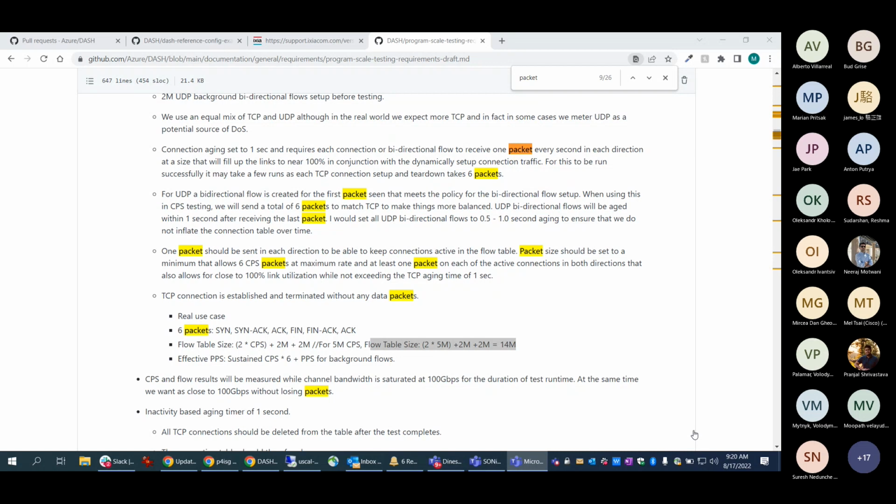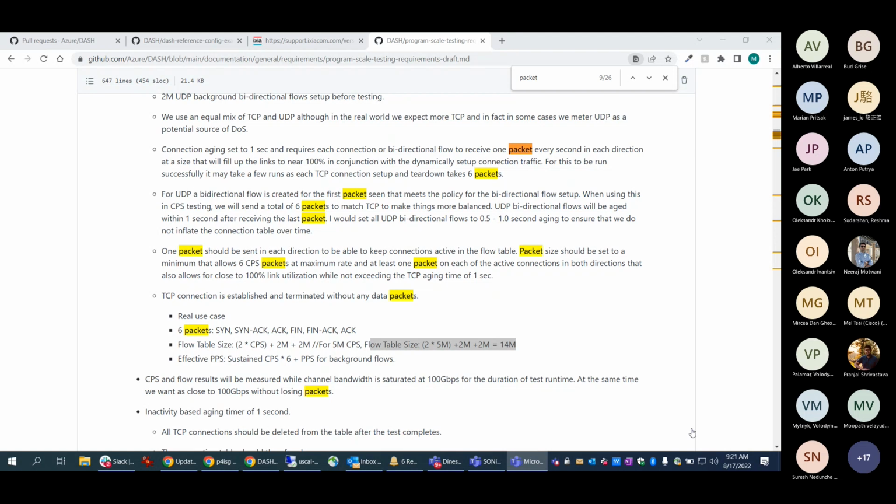And I think you're inferring the keepalives because of this bullet, and it wasn't clear enough to say you never need keepalives if you really want to test a full table, that you would control that with the aging time and the flow lifetime. Right. Why? Yeah, I was going to ask the same thing. Why do we need the keepalive? Because if the device can age it out as soon as possible, the capacity will be tested, and the flow table size will be tested accordingly.